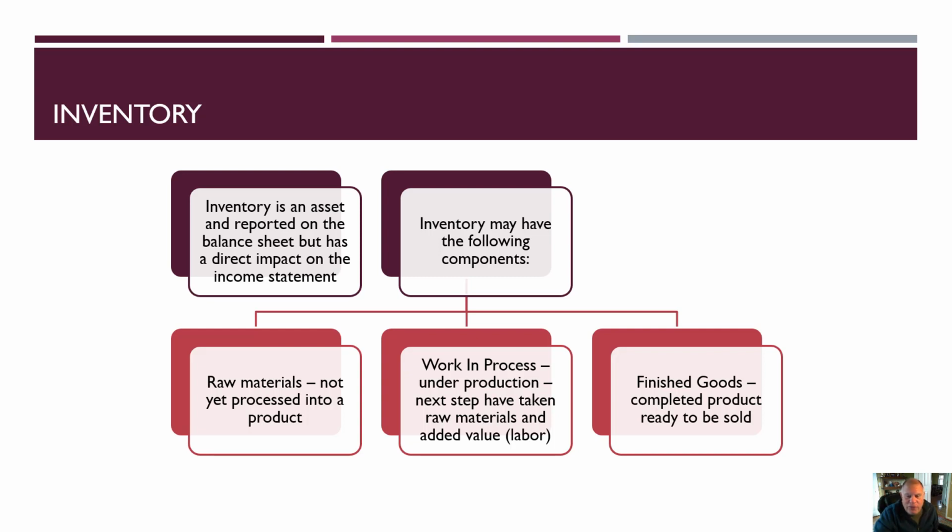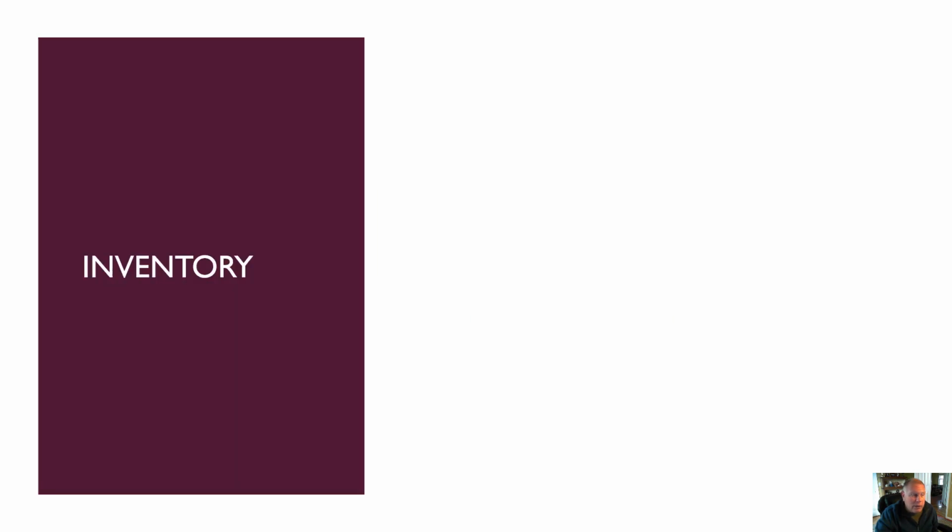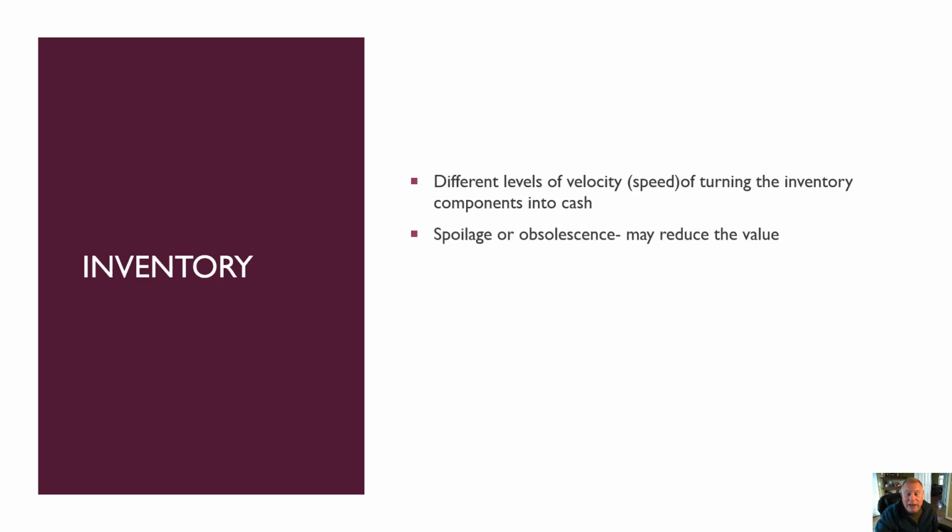So if we're thinking about this as a flow of a product, of a raw material coming in, it's then worked on where you add value. Adding value is adding cost, and then finished goods. Now, when we look at inventory, there's different levels of velocity or speed of turning the inventory into cash.